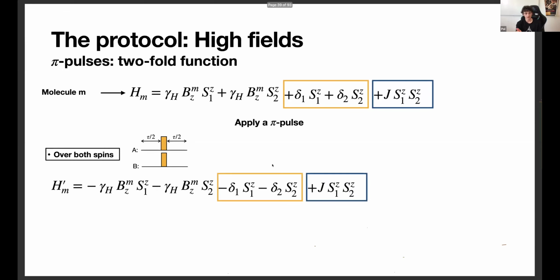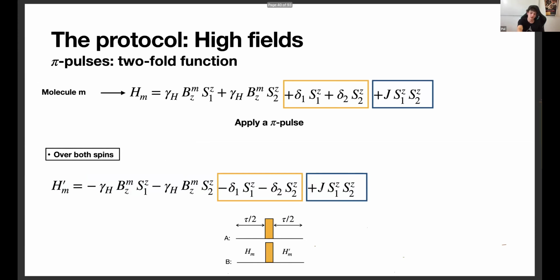It is quite easy to show that after the pi pulses, the effective Hamiltonian will look like this, which is very similar to the initial one, but notice how each spin operator changed its sign. So all of the terms will have changed sign, except the term corresponding to the J-coupling, since minus times minus is plus.